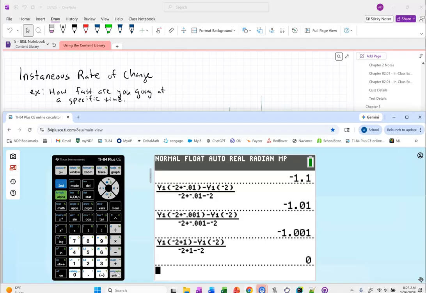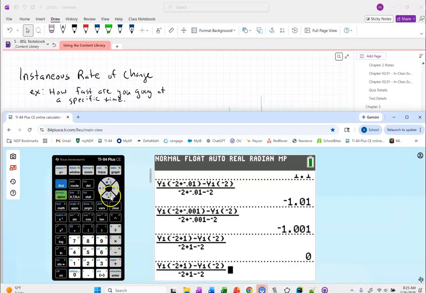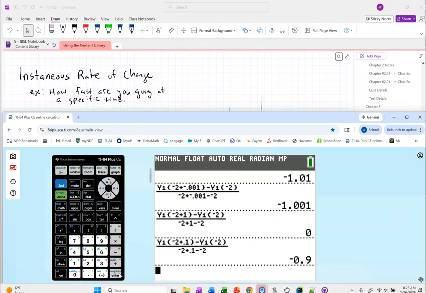So there, the slope is 0. And then I'm just going to go ahead and update this. Where it said 1, I'm going to change that now to 0.1. And I'm going to keep picking h's that are getting closer and closer to 0 and see what's happening with the slope.